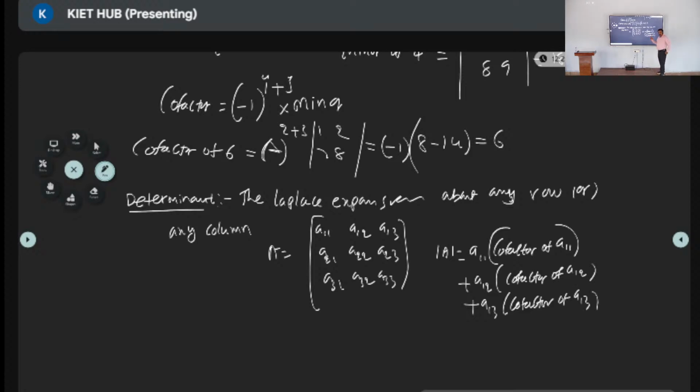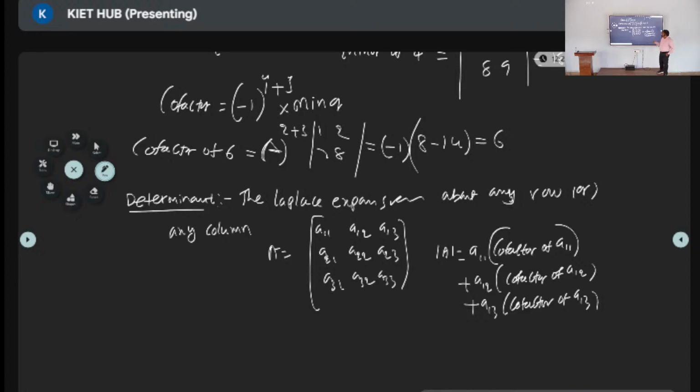Is there any mistake in the formula? Some of you are saying that minus is required here. Minus is required or not? This is the correct formula only.